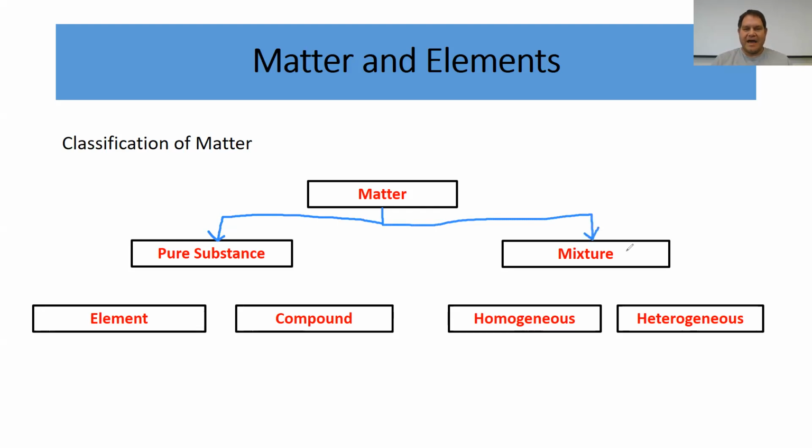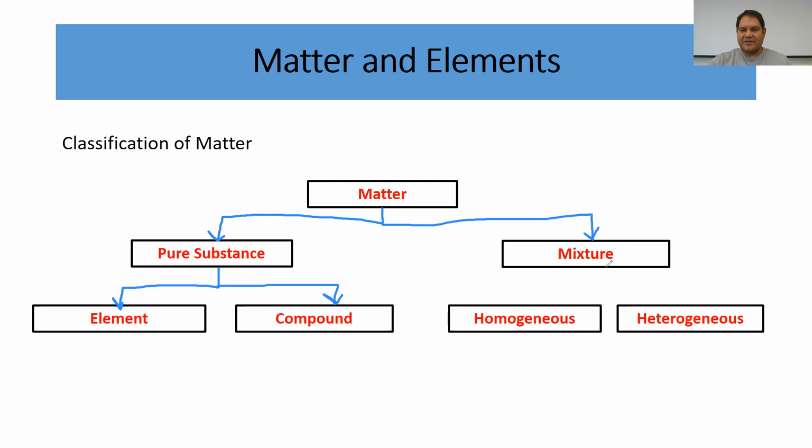So matter either comes as a pure substance or as a mixture. Now, pure substances themselves can be broken down into compounds and elements. So when you think of what a pure substance might be, it's either an element or a compound.